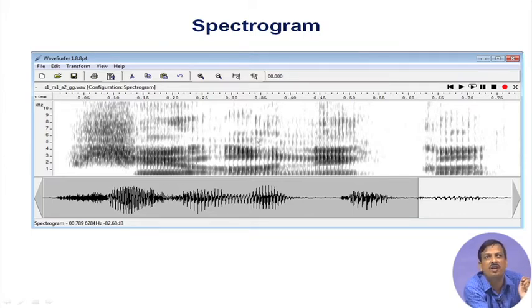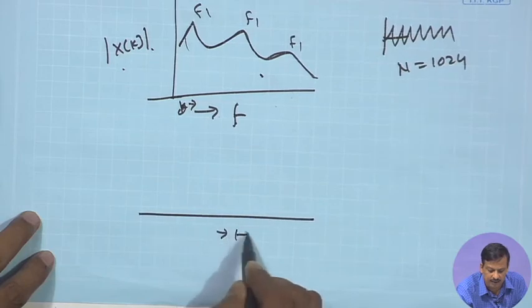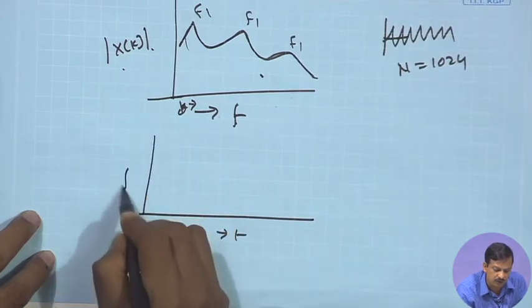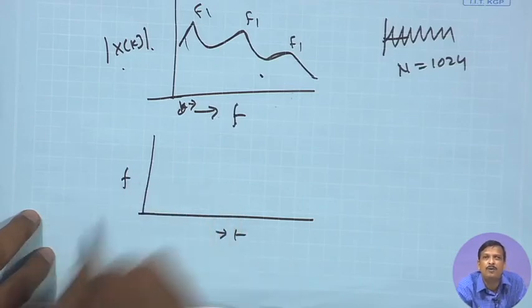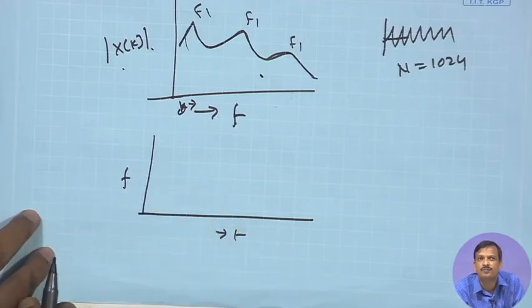So, it is a 3D curve. If you see, there is a long line, the same line is coming. Why is this line coming? I want this axis to be time, this axis frequency, and intensity as the amplitude.